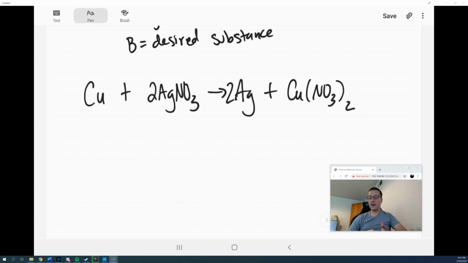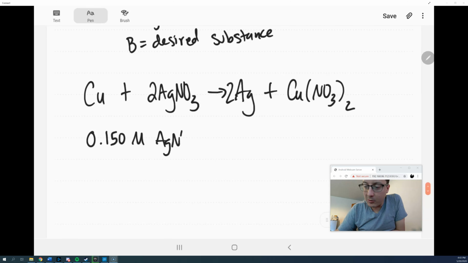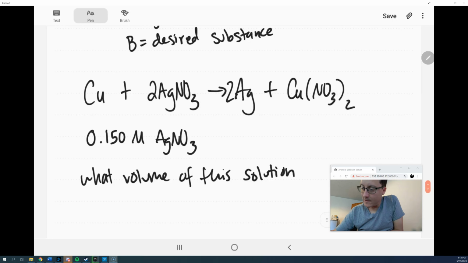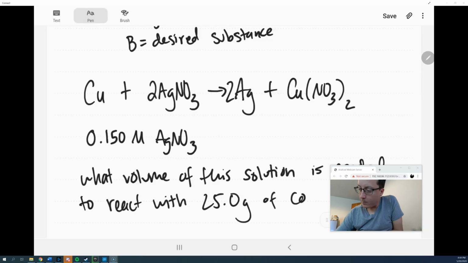So, let's say we have 0.15 molar AgNO3. What volume of this solution is needed to react with 25 grams of copper?